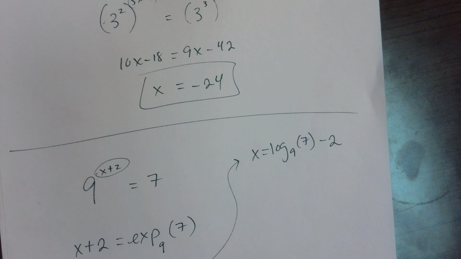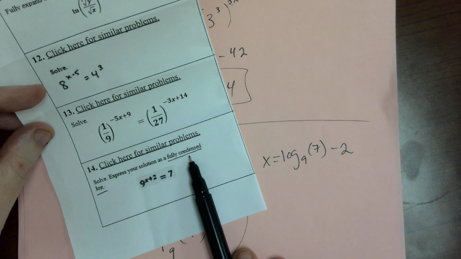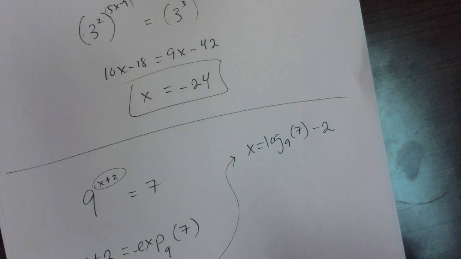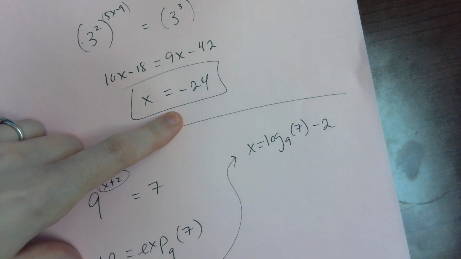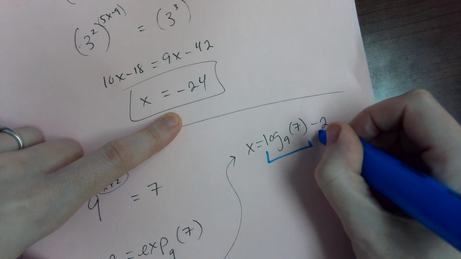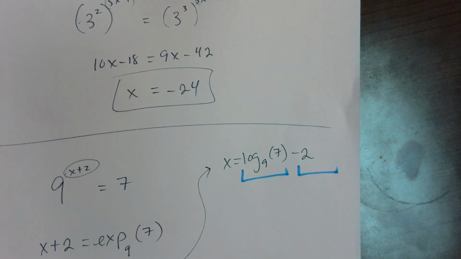Now, here, if they did not say this, fully condensed log, then you could just stop. But a fully condensed log would mean our answer is just a one-term log. Just one term, and that term is a log. Well, here we have 2 terms. This term's a log. That term is not a log.